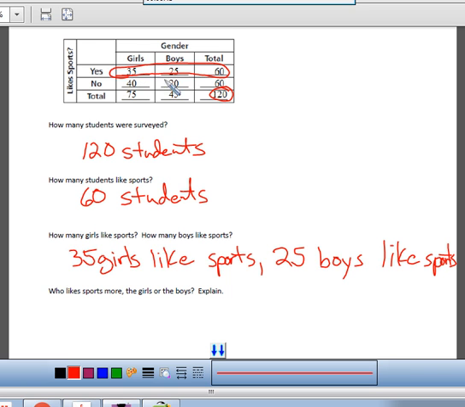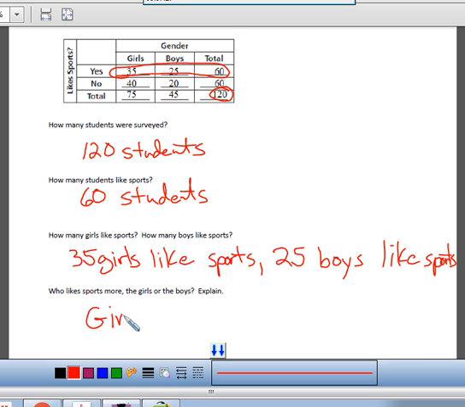But if we just go with the totals, we could say that girls like sports more than boys because 35 is greater than 25. Even though percentage-wise, the boys are more than the girls. But we're not going to talk about percents in this lesson.